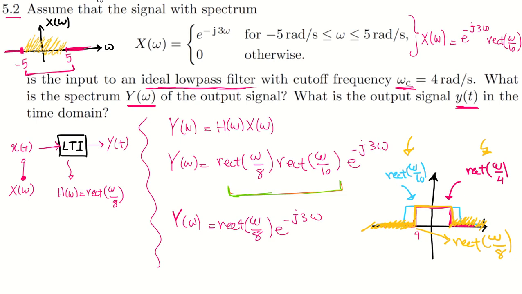So we got Y of omega, and now we want to find y of t, the output in time domain. If we want that, we just need to take the inverse Fourier transform of Y of omega. So y of t is the inverse Fourier of Y of omega, and that's from chapter 3.